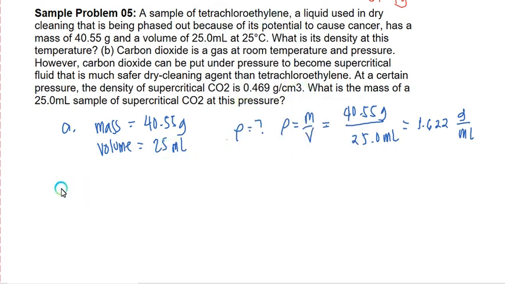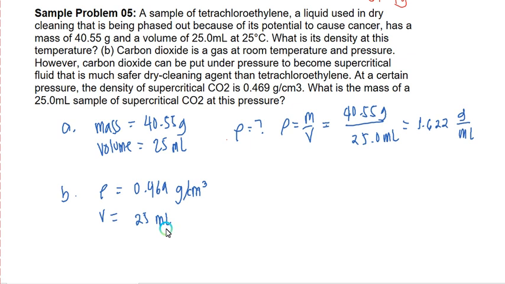Next one, we have letter B. Given sa aton is carbon dioxide. And ang given naman this time is your density, which is equal to 0.469 gram per cm cube. And your volume, or V, which is equal to 25 ml. So this time, take note, ang given sa aton is 0.469 gram per cm cube and 25 ml.